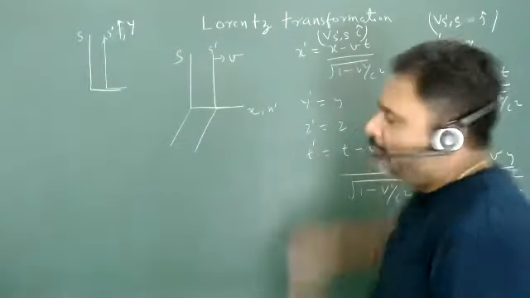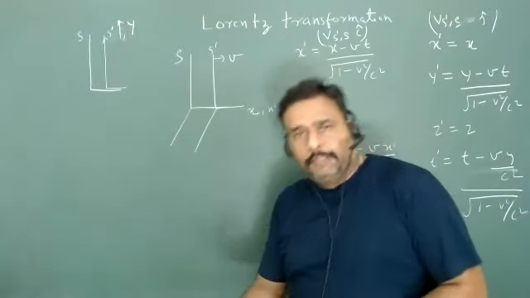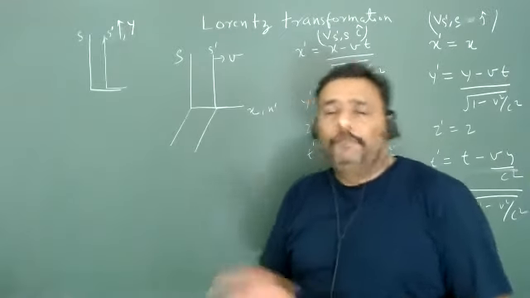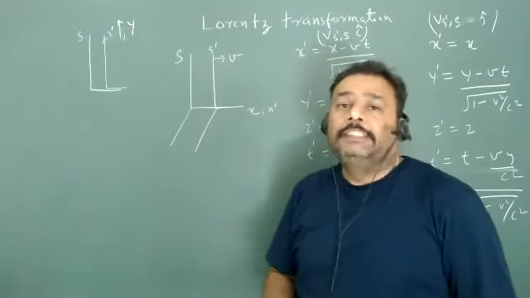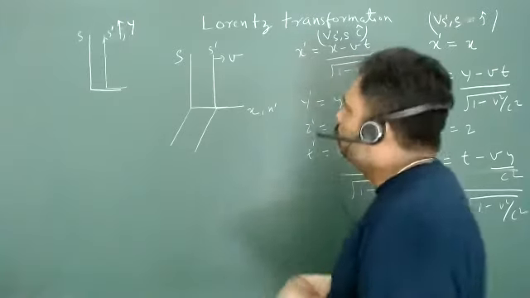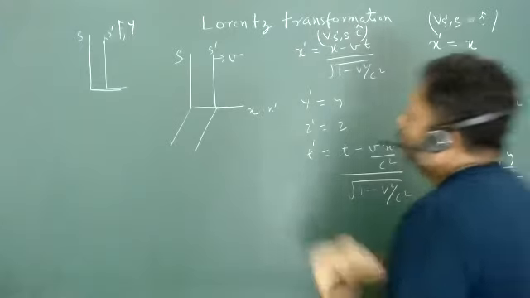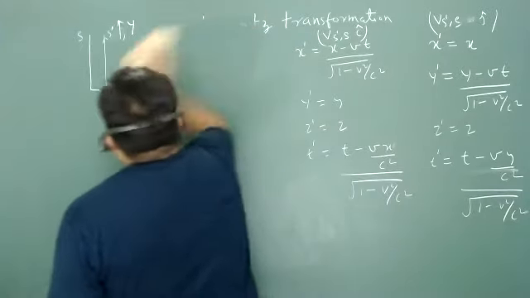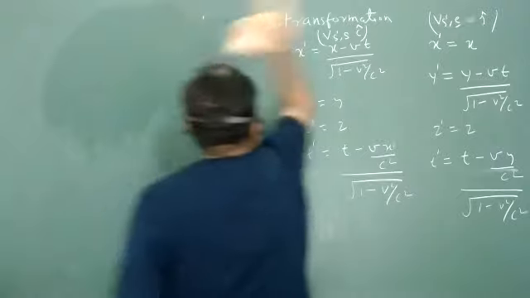This is very fundamental, and we can prove whether the speed of light is changing with respect to inertial frame or not. So let's try to understand all this. I am going to create one very nice story, and we will try to prove it.